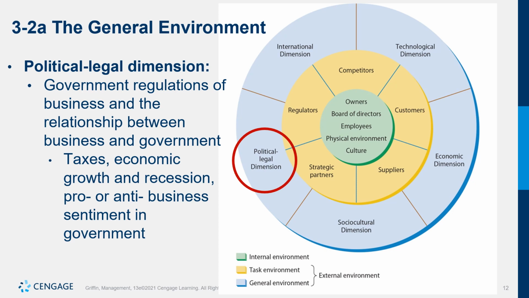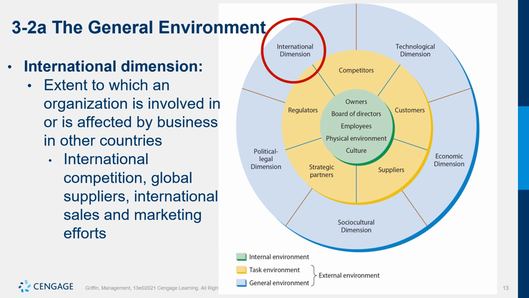Political legal dimension includes government regulations of business and the relationship between business and government, such as taxes, economic growth and recession, pro or anti-business sentiments in government. International dimension refers to the extent to which an organization is involved in or is affected by business in other countries. This includes factors such as international competition, global suppliers, international sales and marketing efforts.